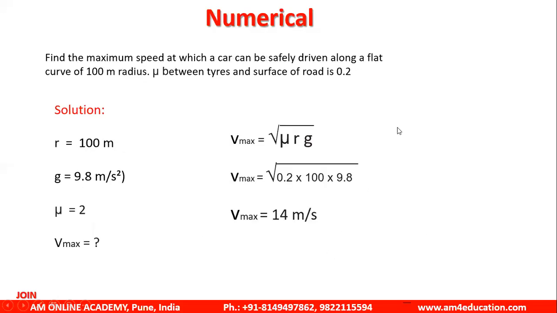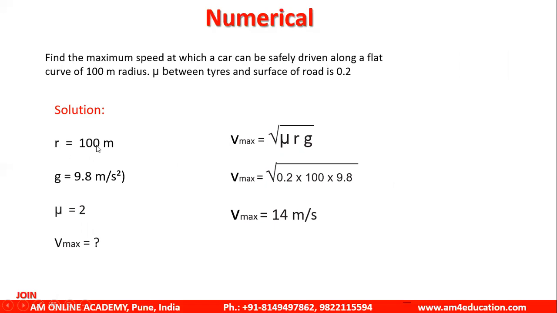Now let us see one more numerical problem. Find the maximum speed at which a car can safely travel along a flat curve of 100-meter radius. Mu between the tire and the surface of the road is 0.2. This is given to us.